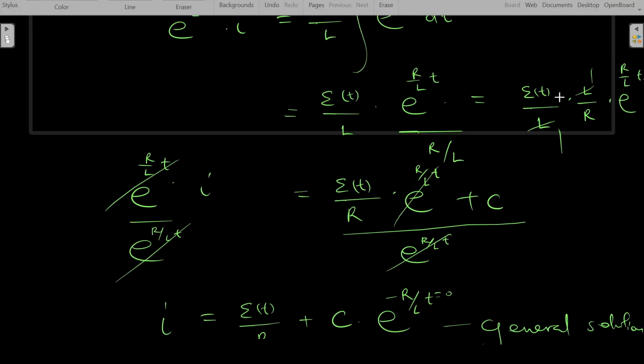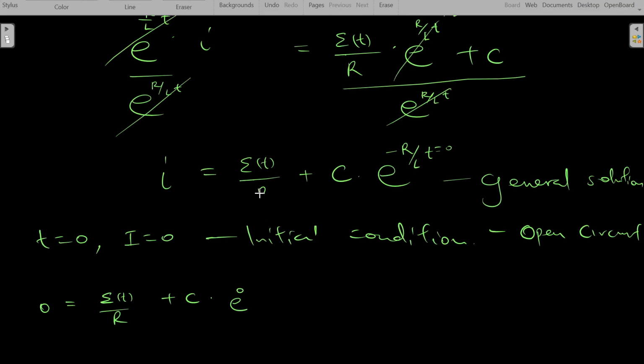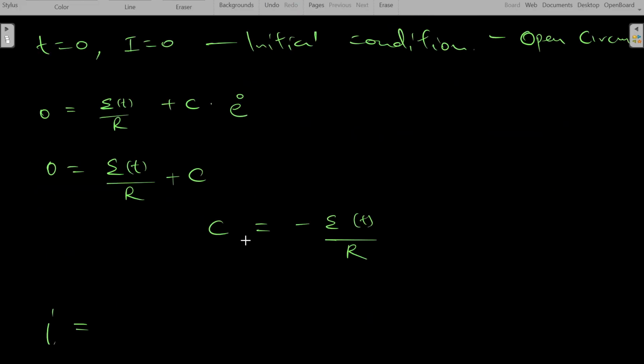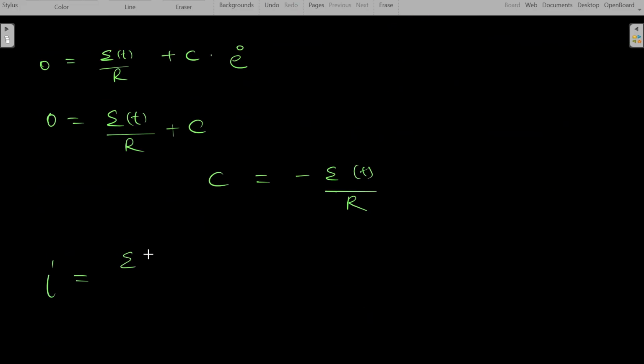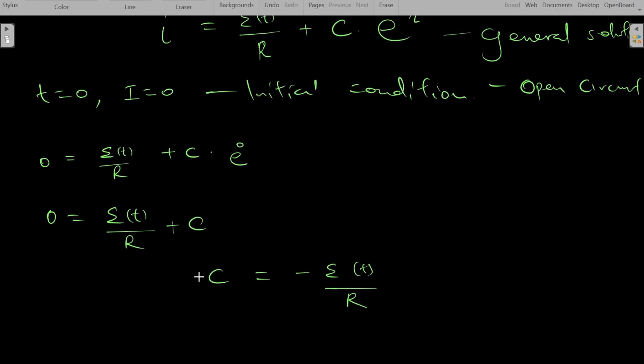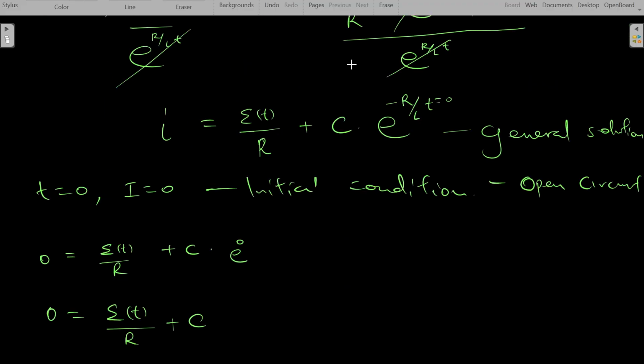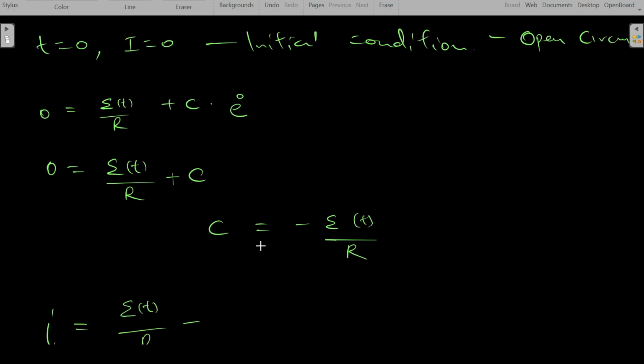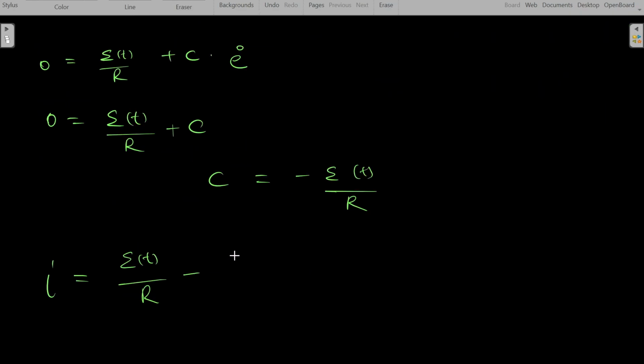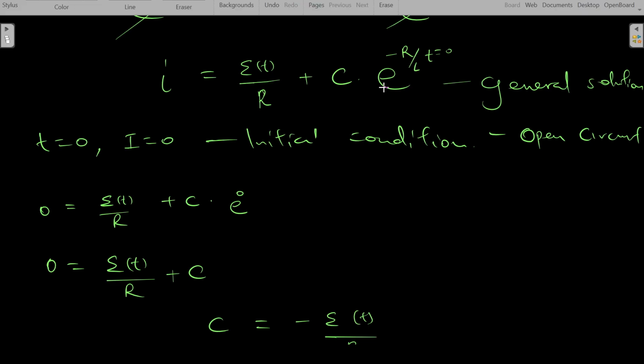From this point, I'm saying this should be r, not l. This should be r. So we are saying I equals e t divided by r, plus c, but now we have calculated our c to be this, so it should be minus this upon r, multiplied by e raised to that.